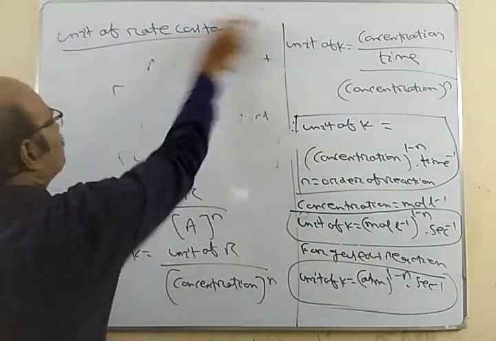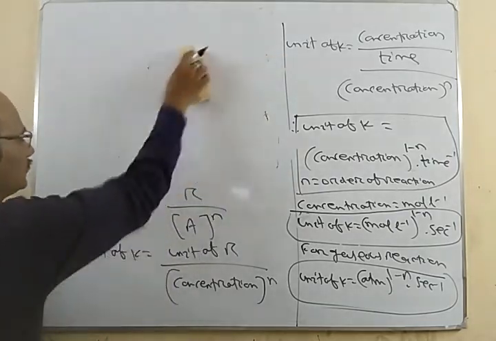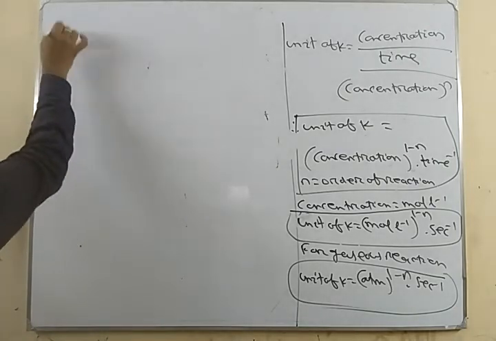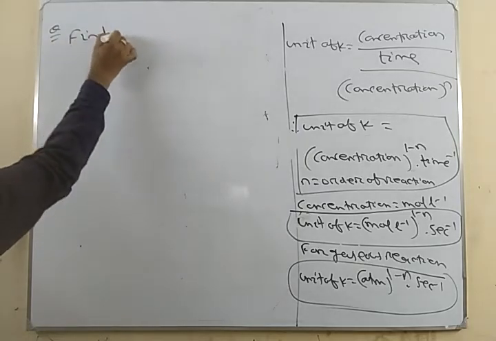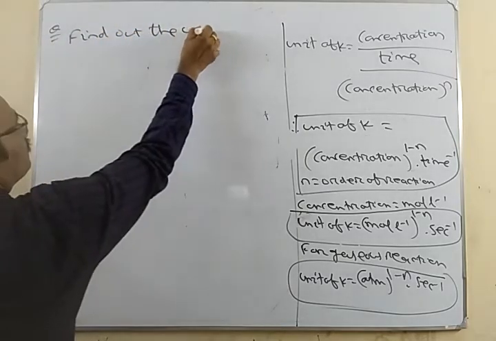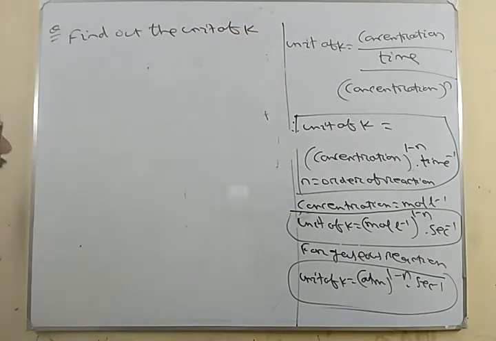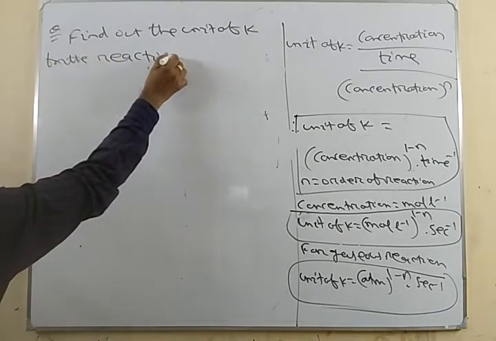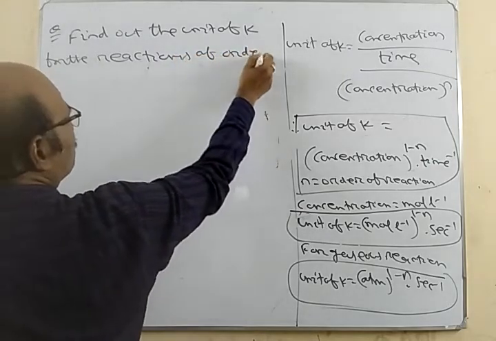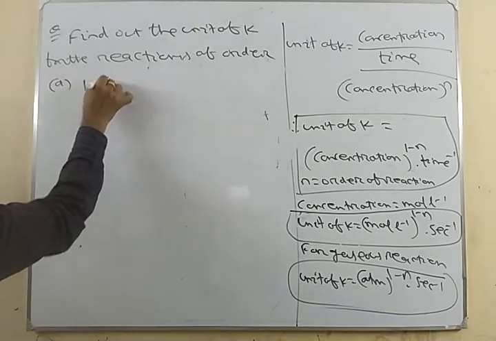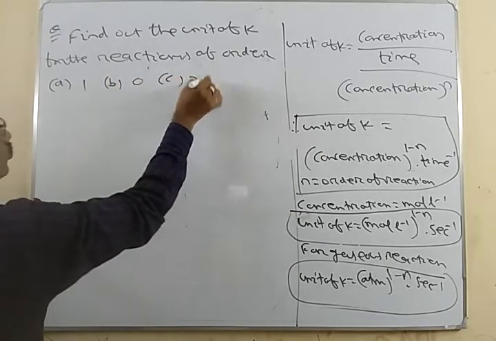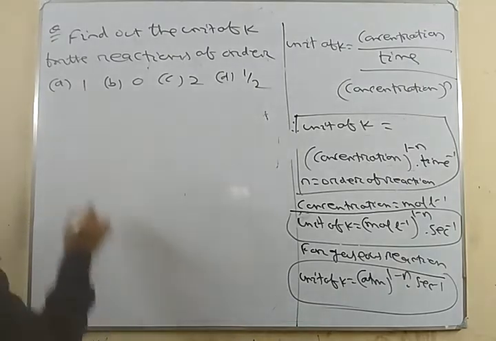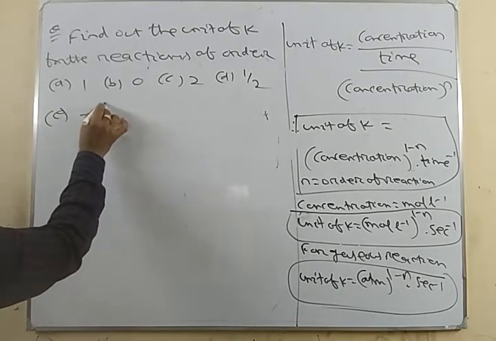Now let's see. Suppose we have a question: find out the unit of K for reactions of order 1, 0, 2, 1 by 2, minus 1 by 2.